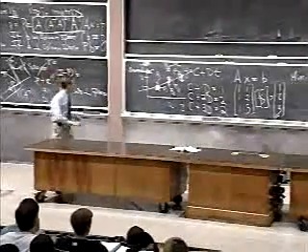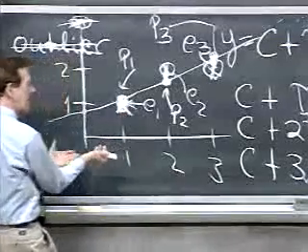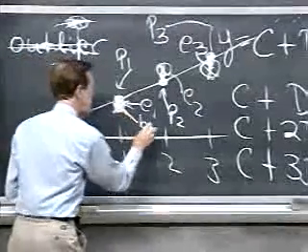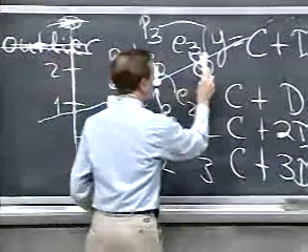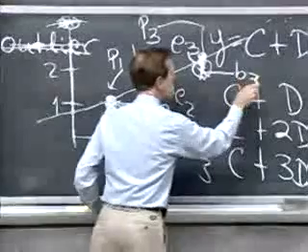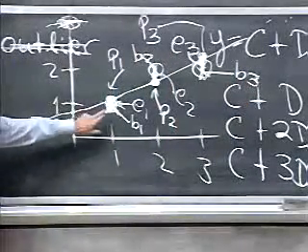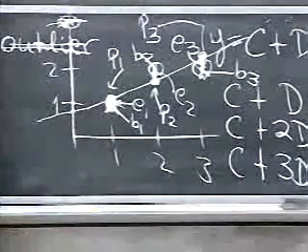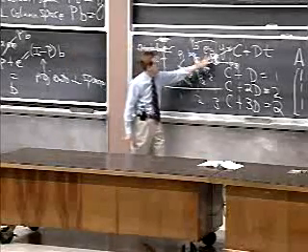Sorry, my art is, as usual, not the greatest, but there's the given B1, the given B2, and the given B3. I promise not to put a single letter more on that picture. Okay, there's B1. P1 is the one on the line, and E1 is the distance between. And same at points 2, and same at points 3.